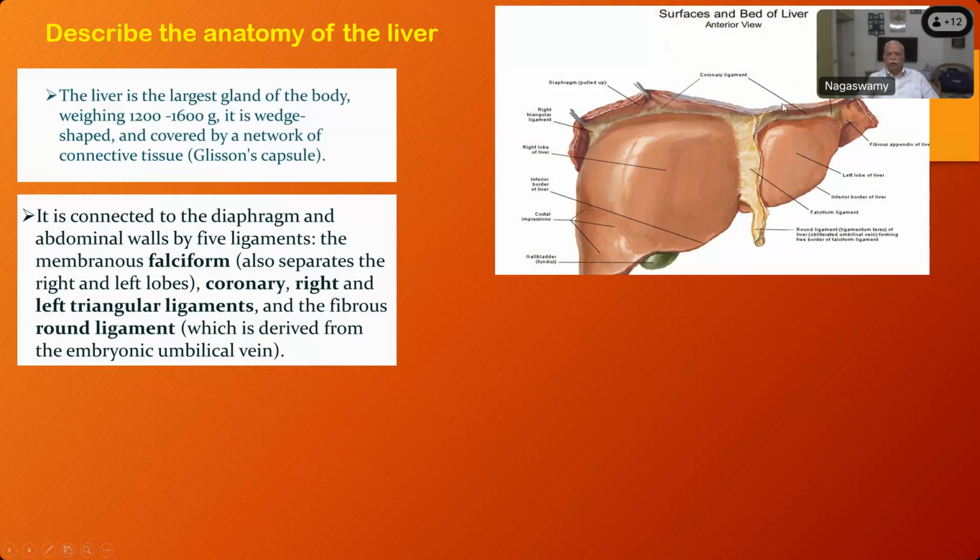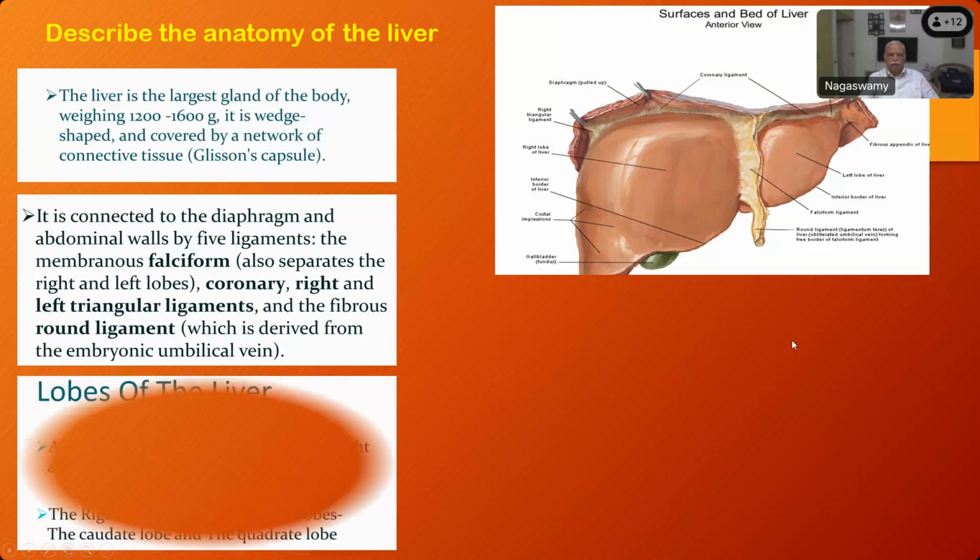Then the coronary ligaments are the ones situated on the top surface, which attach it to the diaphragm. Then there are the left triangular ligament and right triangular ligament, and these are the major ligaments which are keeping the liver in place.